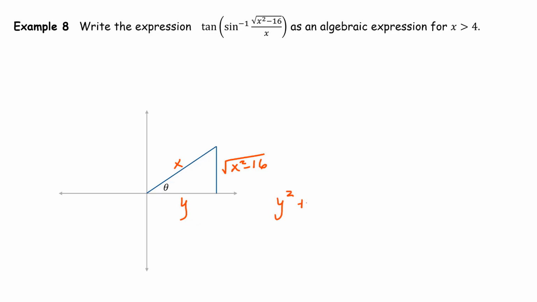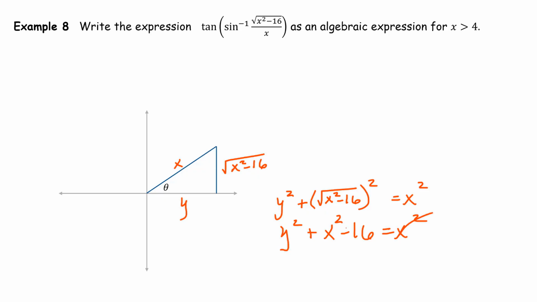So y squared plus the square root of x squared minus 16 squared is equal to x squared. So y squared plus x squared minus 16 is equal to x squared, and the x squareds cancel out. So y squared is 16, which means that y is 4. Since that side is 4, the tangent of that angle theta is just going to be opposite over adjacent.